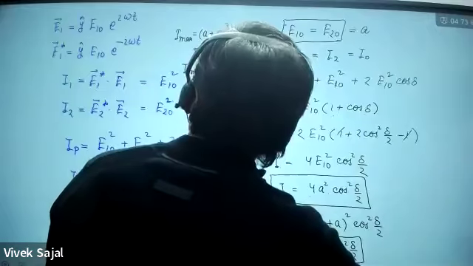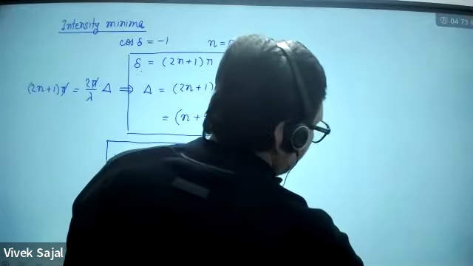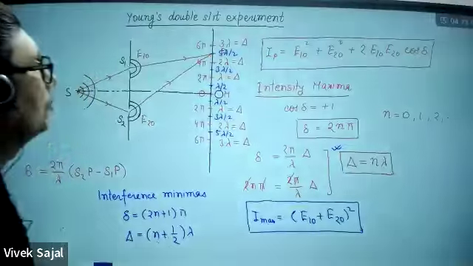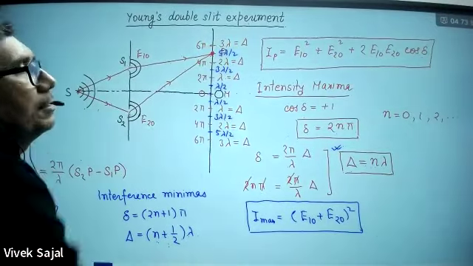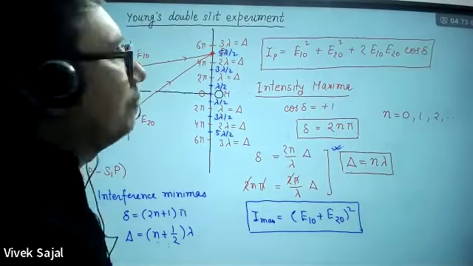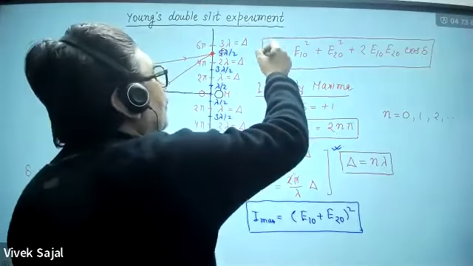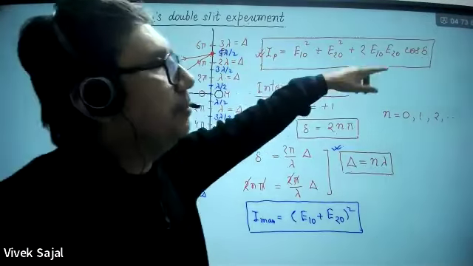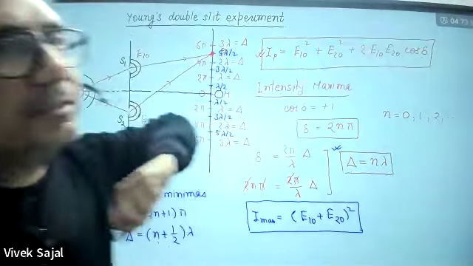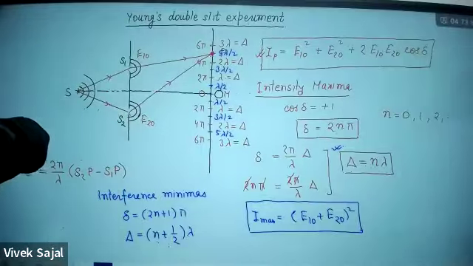When we are solving this question, we have this point P. We find out this is the formula. At this point, this delta will be constant and this formula will hold.